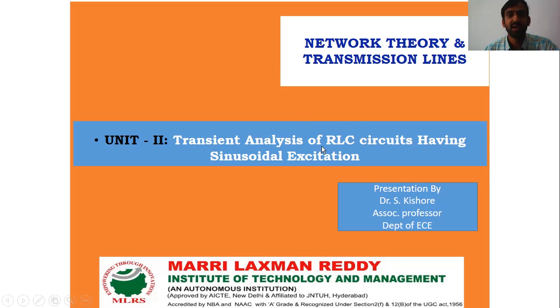Because it is having two energy storage elements, inductor and the capacitor. So that is the reason why this RLC is nothing but the second order circuit. The second order with sinusoidal excitation is going to have some complex mathematical functions. So that is the reason why I have taken this sinusoidal excitation for RLC circuits.